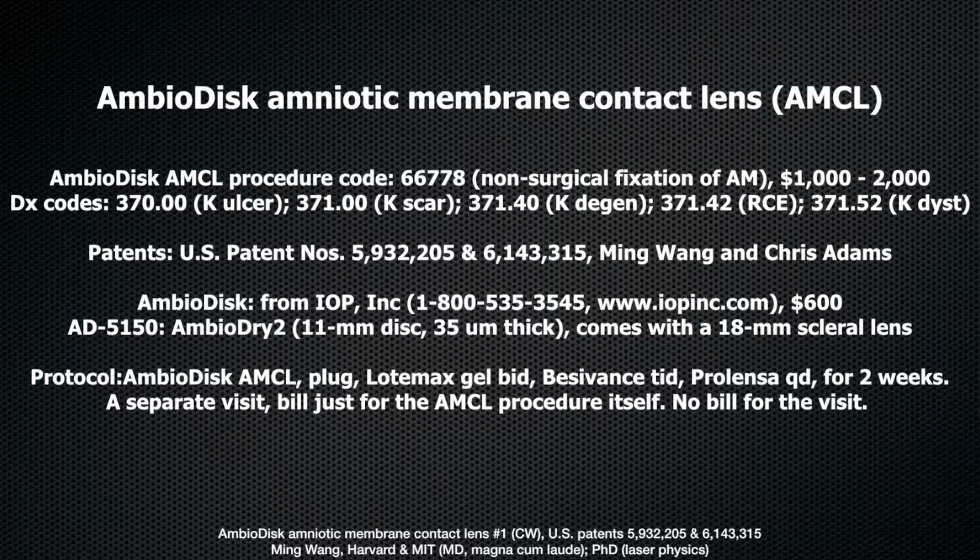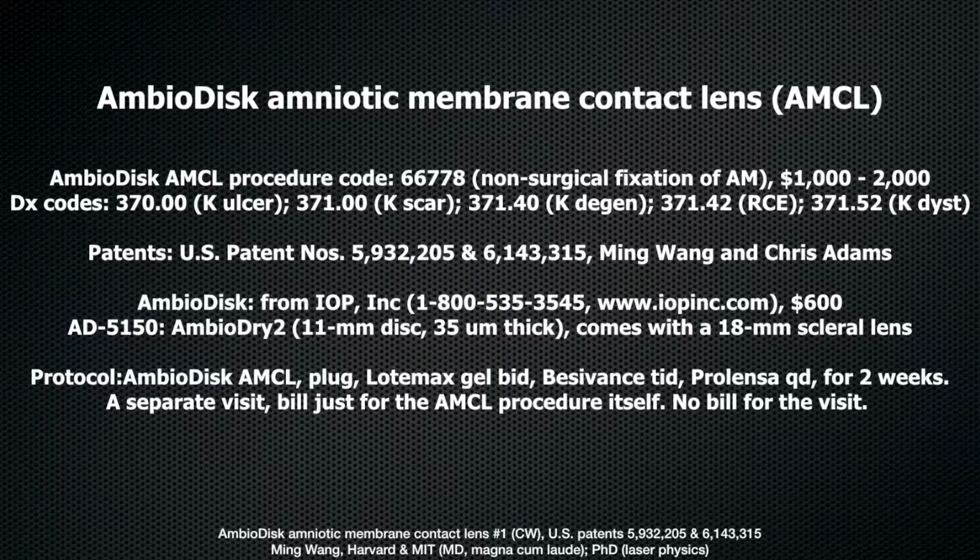The diagnosis codes that crosswalk with the procedure code 66778 include a wide range of ocular surface disease: corneal ulcer, corneal scar, corneal degeneration, recurrent corneal erosion, and corneal dystrophy. AmbioDisk amniomembrane contact lens is based on 2 US patents that we have.